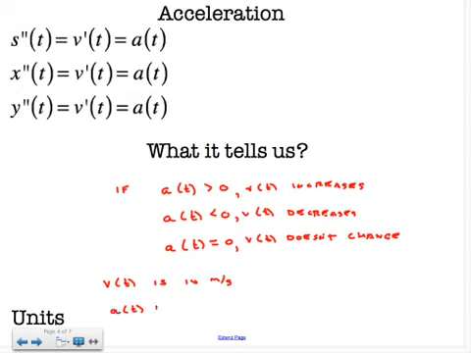This is where that strange symbol comes from. So acceleration would be measured in meters per second per second, which a lot of times is written as meters per second squared, because of our fraction rules. A lot of times they ask for the units in these type of problems, not always, so be prepared if they do.